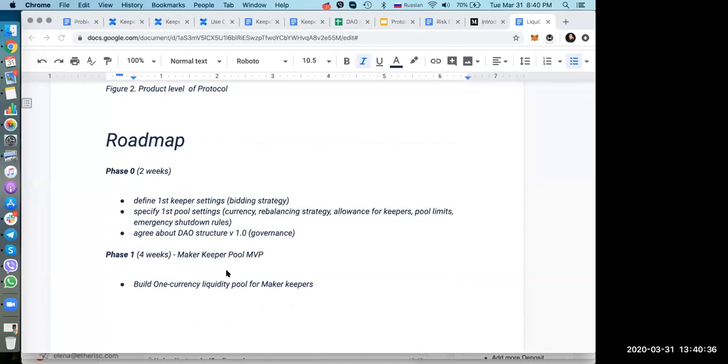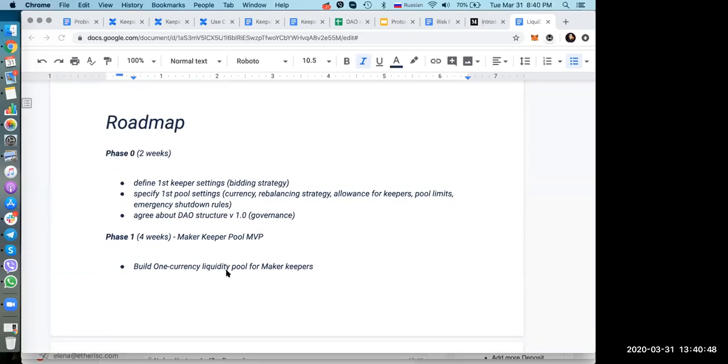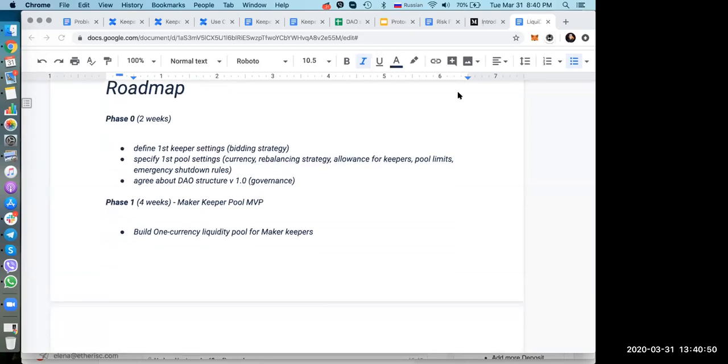And the second part of my presentation is the roadmap that we created for the next month. Let me present it. And also, it would be great if you share your thoughts about that. We started with phase 0, and it's close to the end.